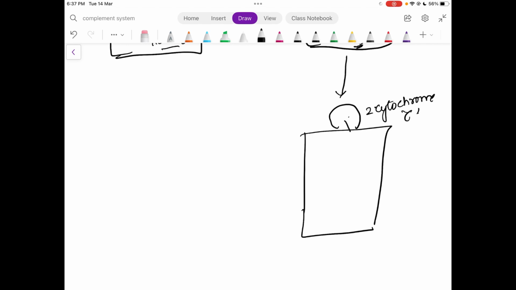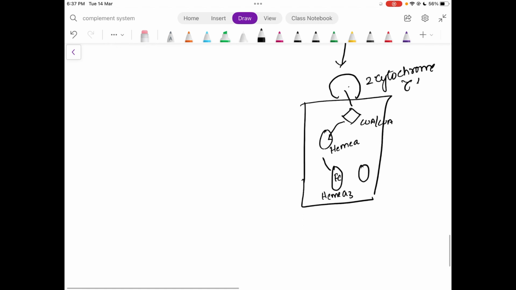From this cytochrome C, electrons pass from copper A to copper A, and then to heme A, and this passes to heme A3, which contains iron, and oxygen.